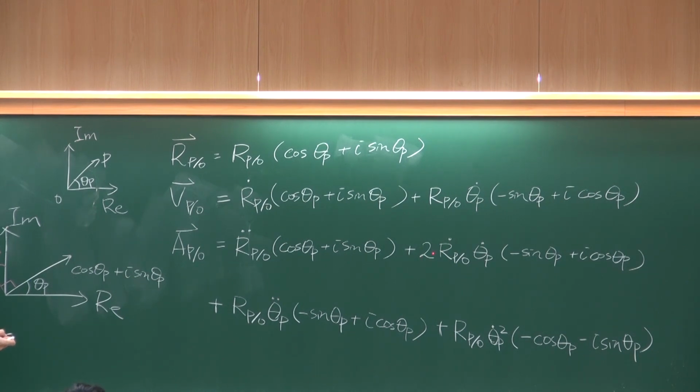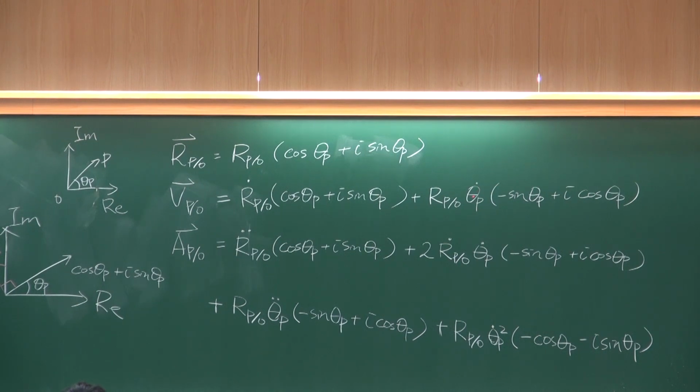So that's why this term needs to be multiplied by 2, because whether you differentiate this one over theta, or differentiate this one over r, you'll get the same thing. So you times 2 here. Let's keep going.